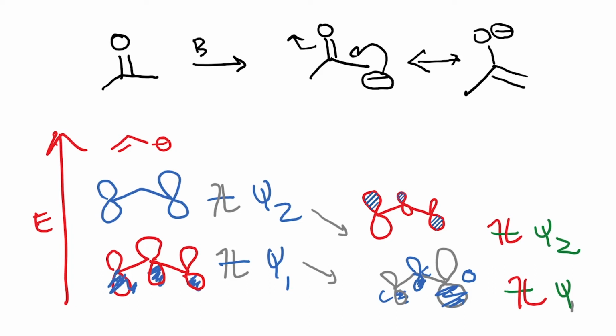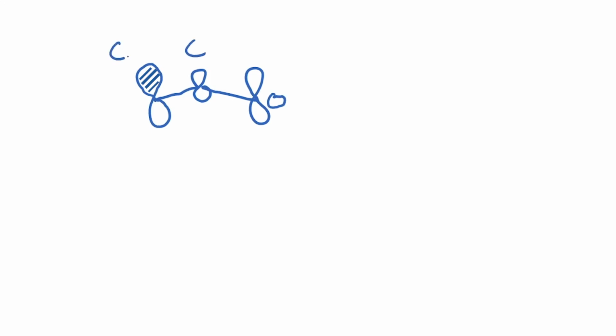Now I'm going to redraw this on the next page because I want to discuss this a little bit. So let me look at the psi2 because that's an important orbital for us to look at. I'm just drawing it out again for us to understand this. There's a very small component on the center carbon, but this is my oxygen and these are the two carbons.